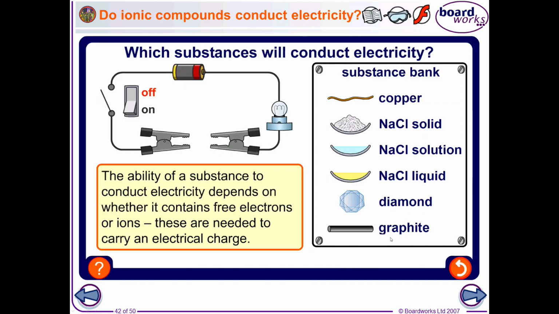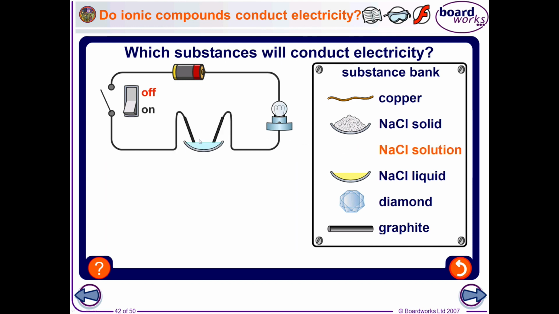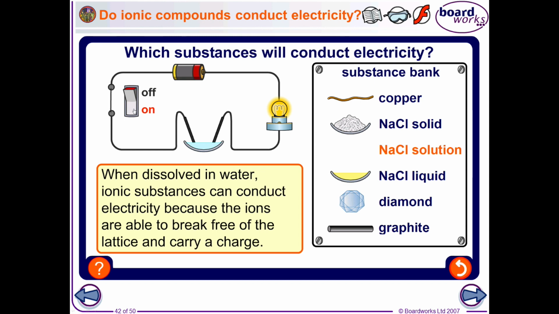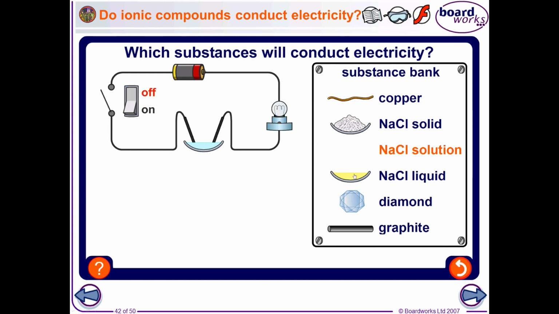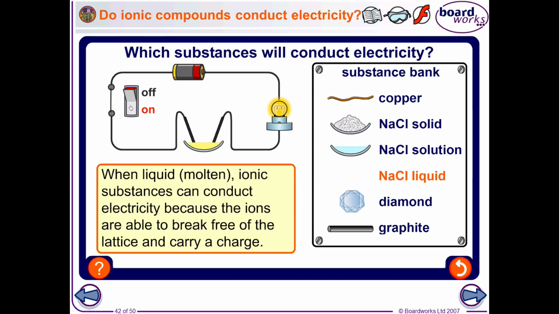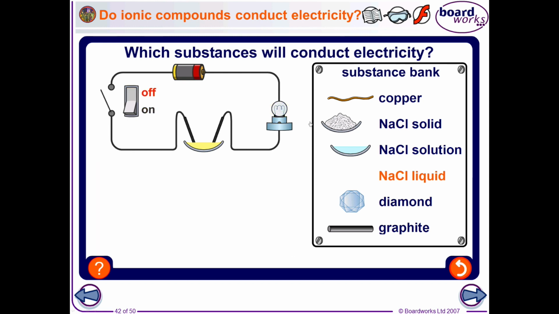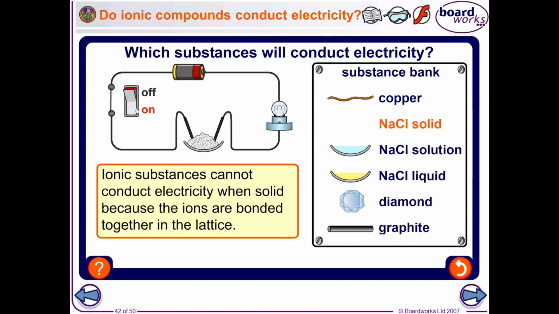Right, the next thing is the conductivity. Now, if we try sodium chloride solution, then you can see that it conducts electricity quite well. If we try sodium chloride liquid, that conducts electricity quite well. If I try sodium chloride solid, that doesn't conduct electricity at all. And we need to be able to explain why that is.